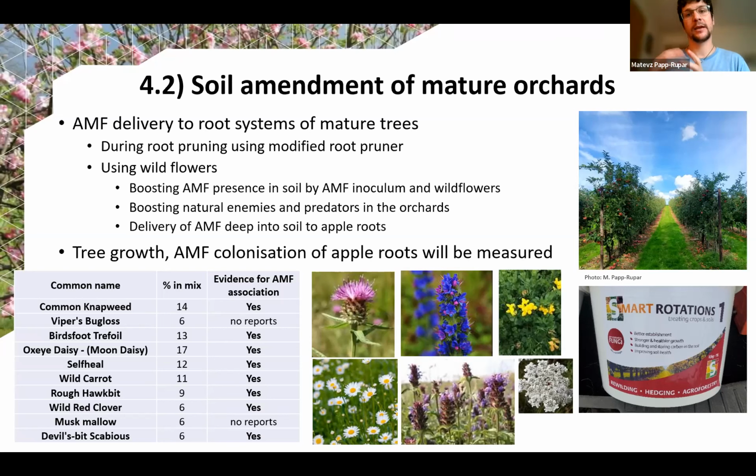So the wildflowers can be mycorrhizal, so they will increase the amount of mycorrhiza in the orchard with their roots, potentially bring mycorrhiza down to apple roots, and then sustain that and increase resilience of the apple orchard. So here we have a few trials as well that we just established this winter, and we hope that our flora margins are going to establish very well, so we can have the first results next year.